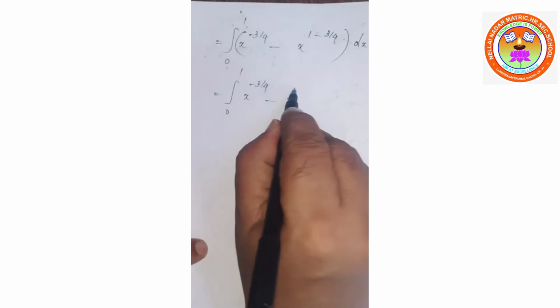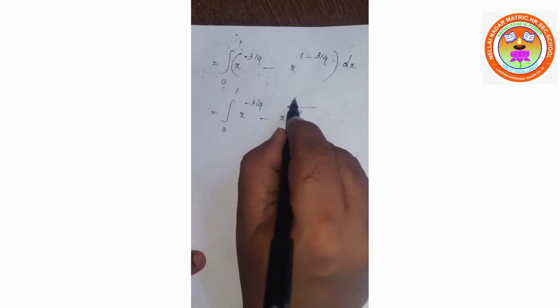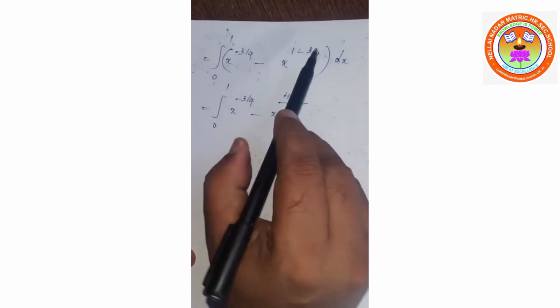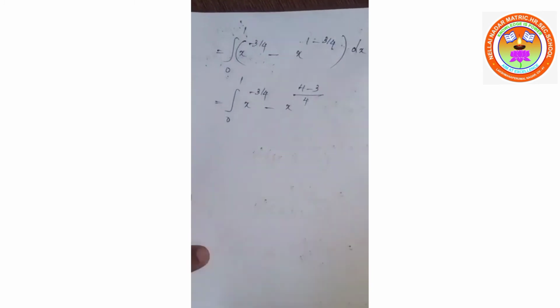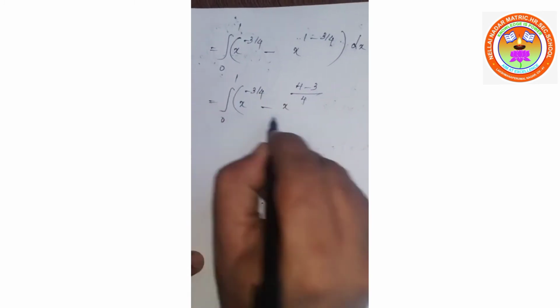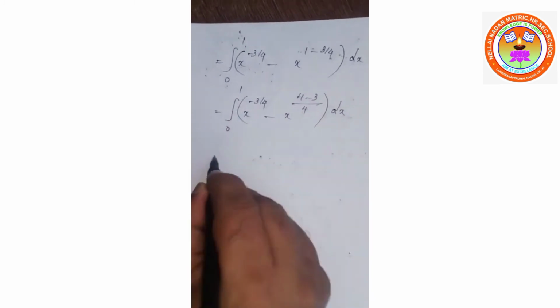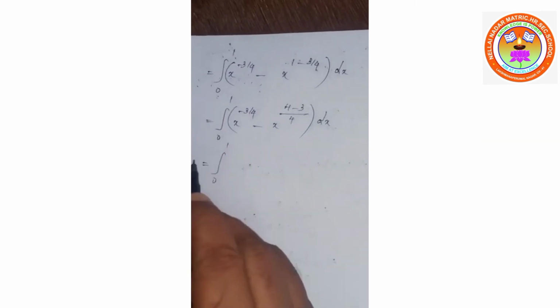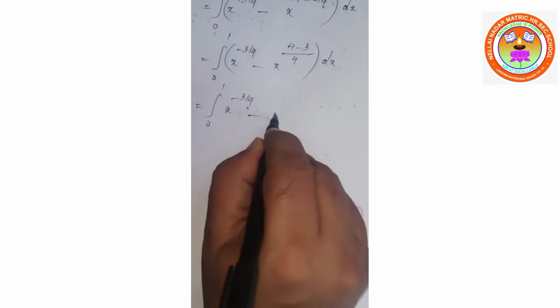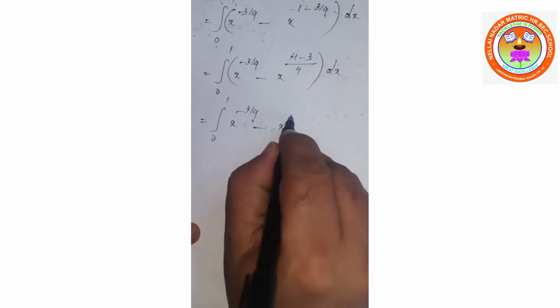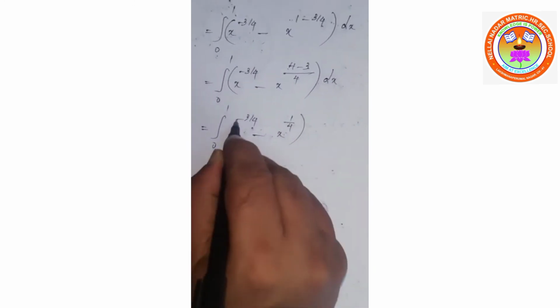What is the LCM? 4 is the LCM. So what will be the numerator? 4 minus 3, correct? 4 minus 3 divided by 4 dx equals 0 to 1 x power minus 3 by 4 minus x power 4 minus 3 equals 1 by 4 dx.